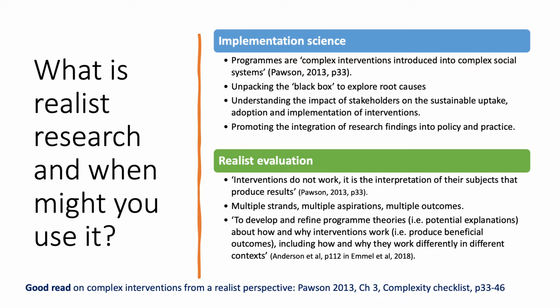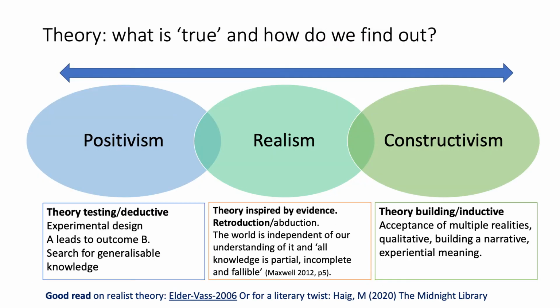The aim is to develop and refine program theories or explanations about how and why interventions work or produce beneficial outcomes, including how and why they work differently in different contexts. So it also acknowledges that you may have unintended outcomes.